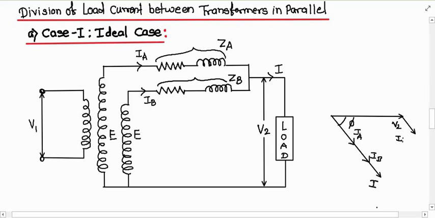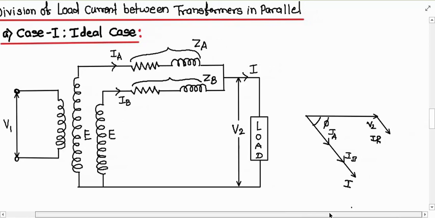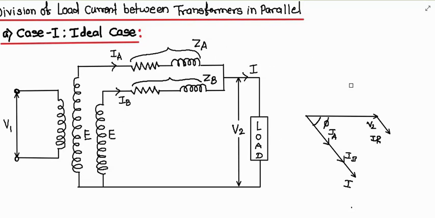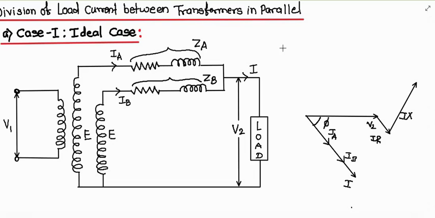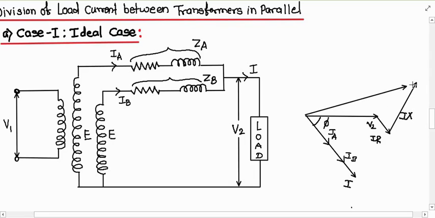Now let us draw the impedance drop, the IX drop, which is perpendicular to I. The vector sum of both drops and V2 will give me the EMF E of the transformer, and the vector sum of IR and IX is nothing but IZ.